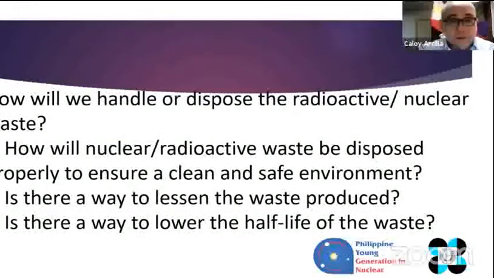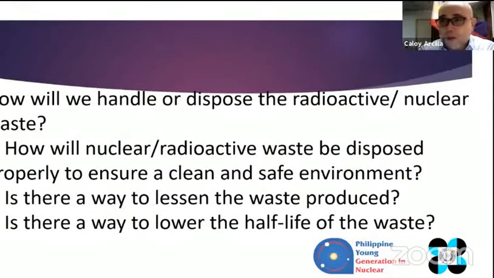First, how will nuclear waste be disposed in a safe environment? I'd like to make a distinction between nuclear radioactive waste and toxic waste. The advantage of radioactive waste is that it decays. Toxic waste does not decay.